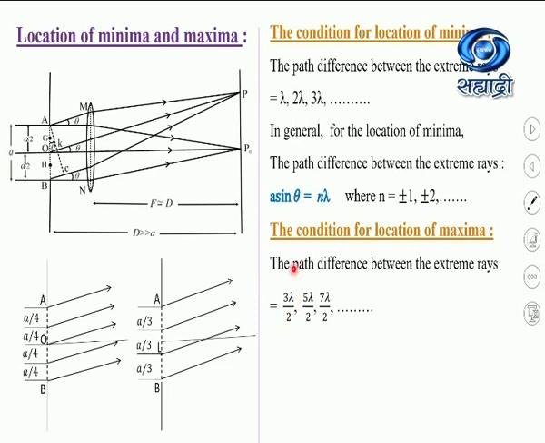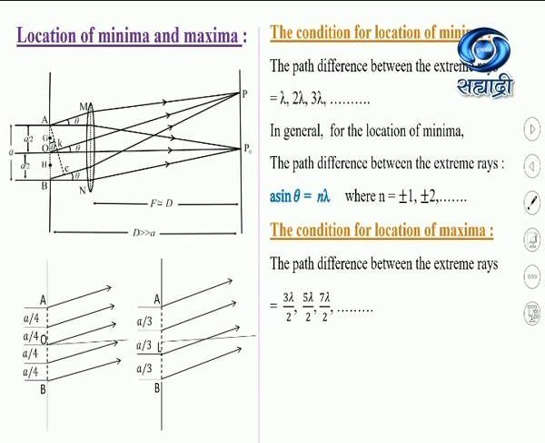When the path difference is 3 lambda by 2, we imagine that the slit is divided into 3 equal parts, each of width a by 3. Similarly, the path difference 3 lambda by 2 also gets divided equally, as for the first part, the path difference is lambda by 2, the second part it is lambda, and the third part is 3 lambda by 2.